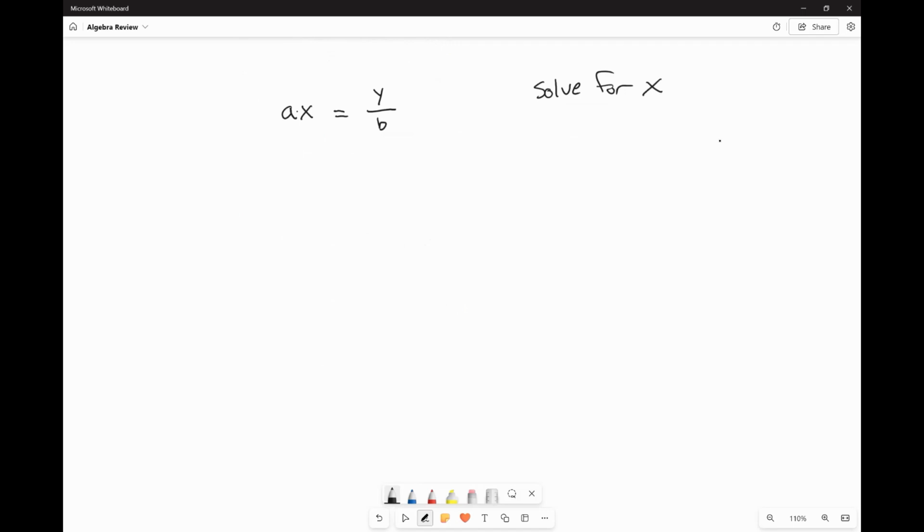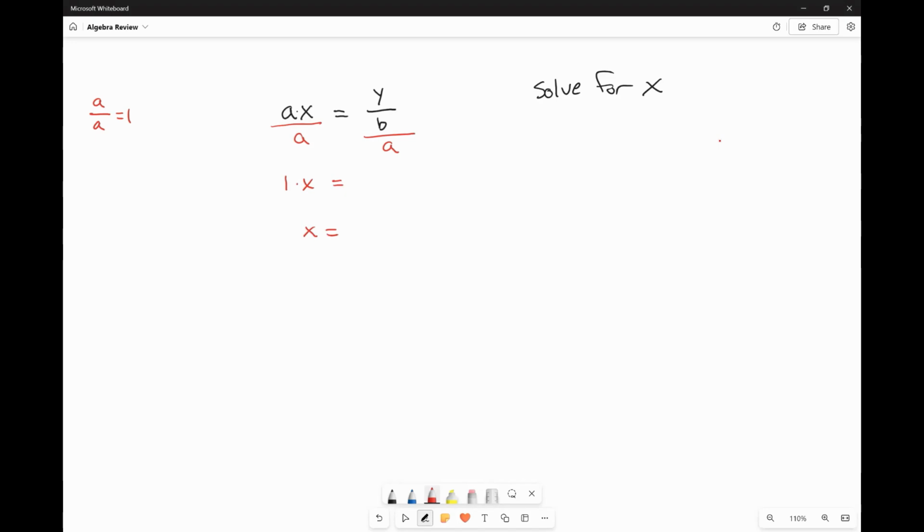What we could do here is divide both sides by a. Now we know that a divided by a is equal to 1. That means on the left side, we have 1 times x, and we know that 1 times x is just equal to x. So now we've isolated x on the left side.